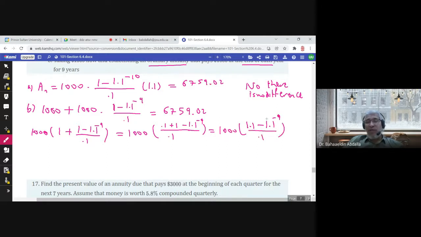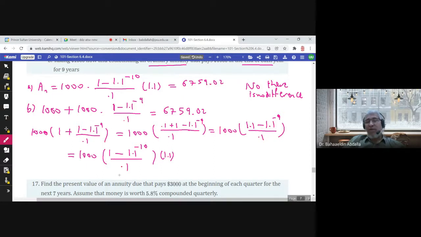And actually this one is exactly this one, because if you take 1.1 as a common factor, let me take it as a common factor and write it here. So I'll have 1 minus 1.1 to the power negative 10, because negative 9 minus 1, because we are dividing when we take a common factor.